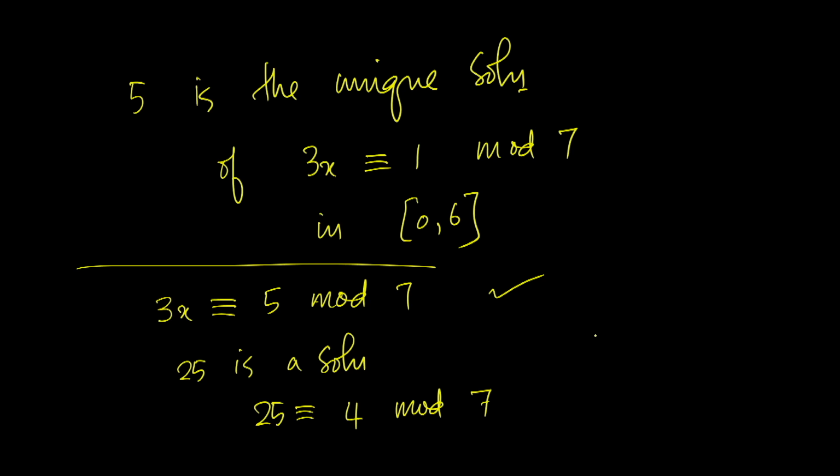Therefore, 4 is a solution for this congruence 3x equal to 5 mod 7. Of course, substituting 4 here, you can readily verify 3 into 4 is 12, which is 5 mod 7. So it is indeed a solution. So we have found a solution for 3x is 5 mod 7.